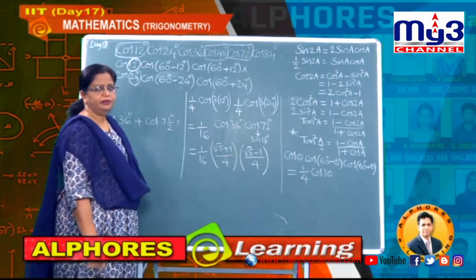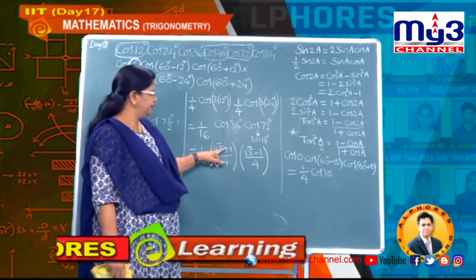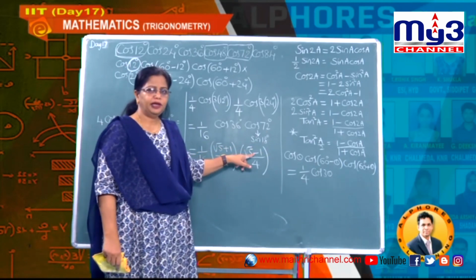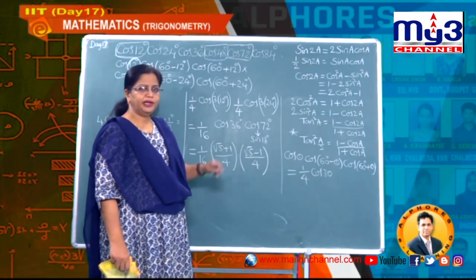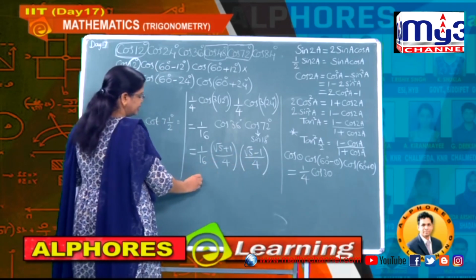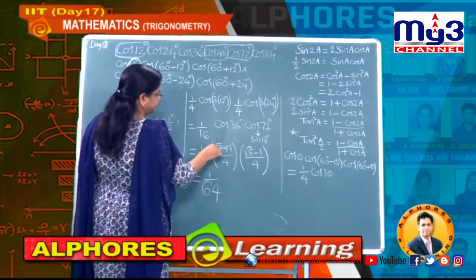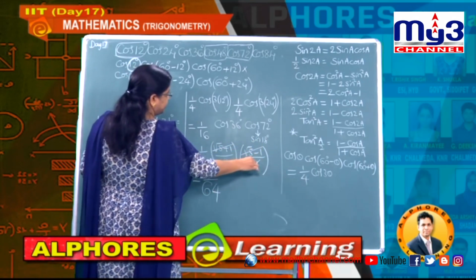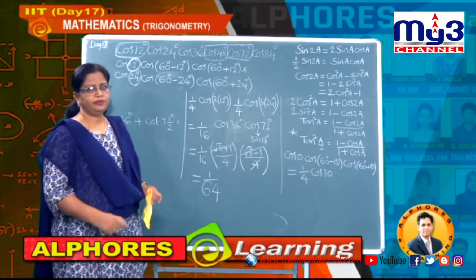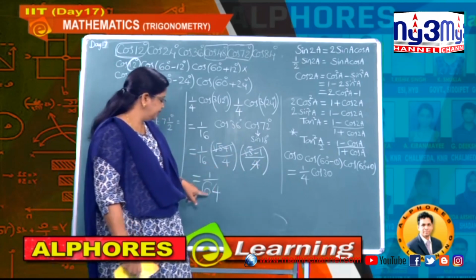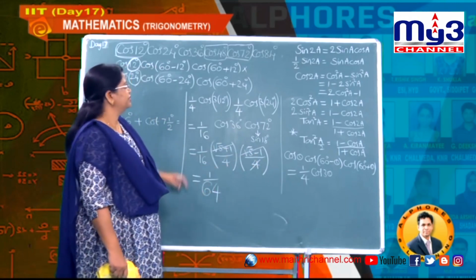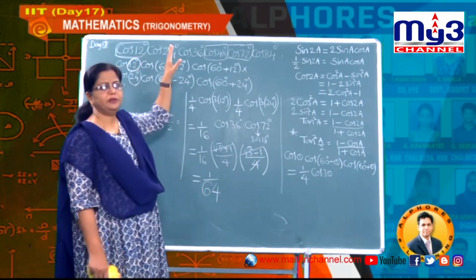So finally what is the value here? The numerator is 5 minus 1, 4. So the 4 gets cancelled with the 4 outside, and you get 1 divided by 64. So root 5 plus 1 into root 5 minus 1 cancels with 1 by 4, finally the leftover is 1 by 64.